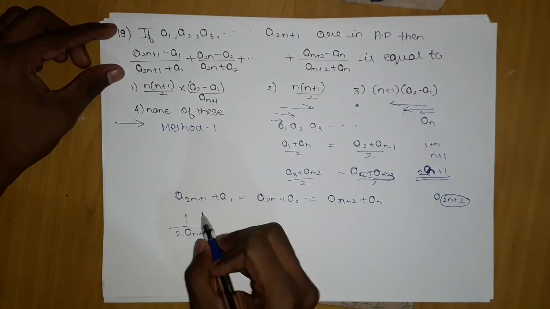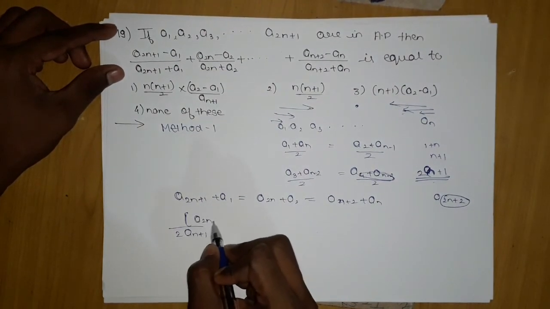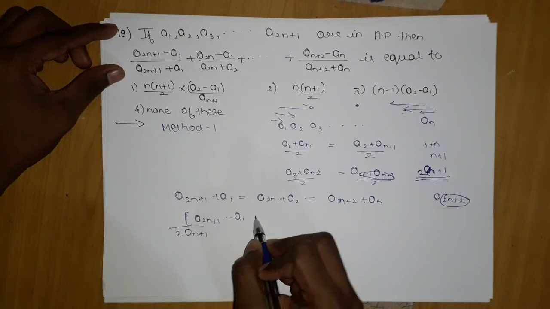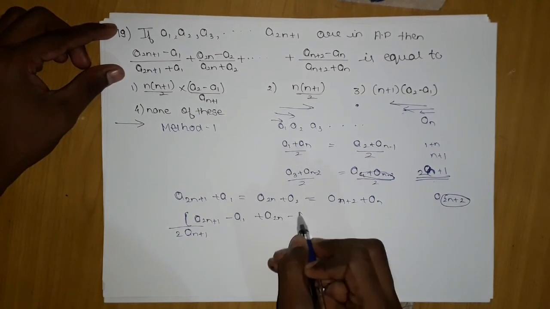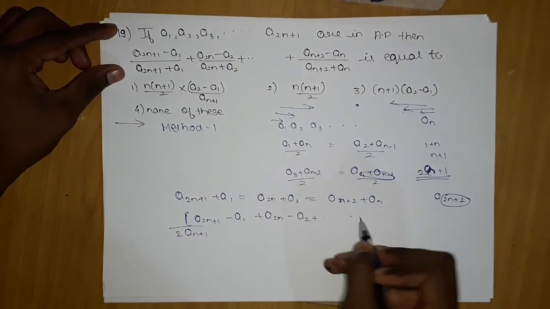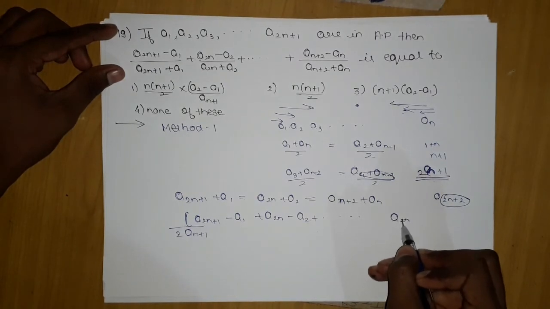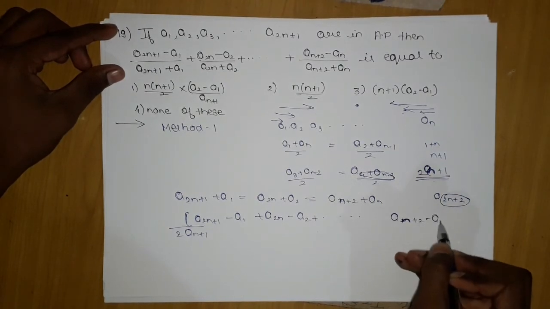Now the thing left is a2n+1 − a1 plus a2n − a2 and so on till an+2 − an, right?